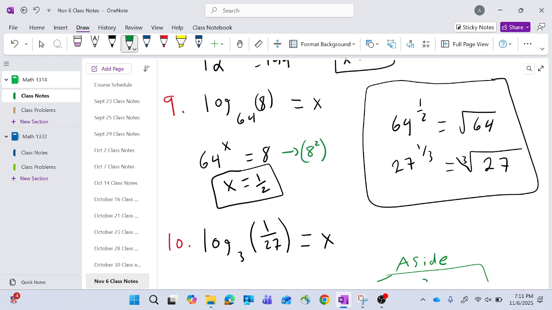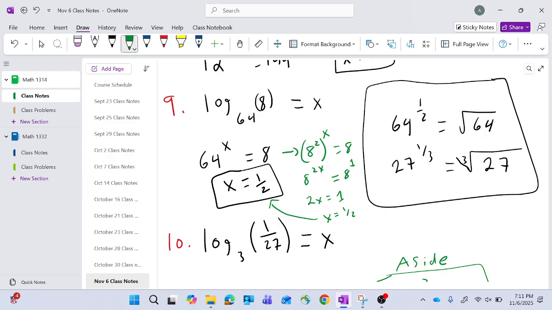It works. Well, 64 is 8 squared, right? So 8 to the 2x equals 8, or 2x equals 1, right? Or x is 1/2. And that's the same thing.